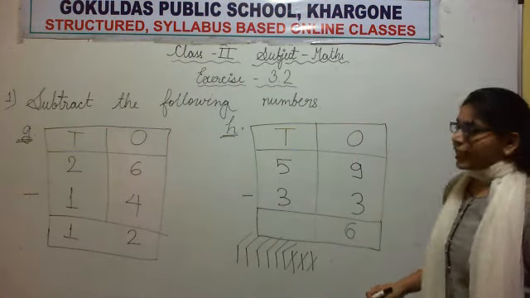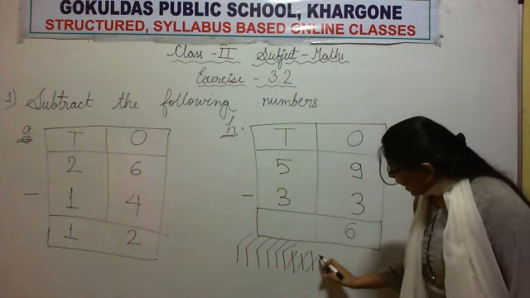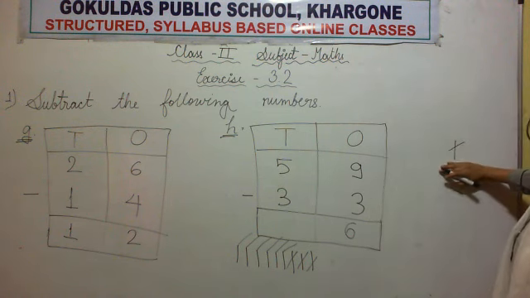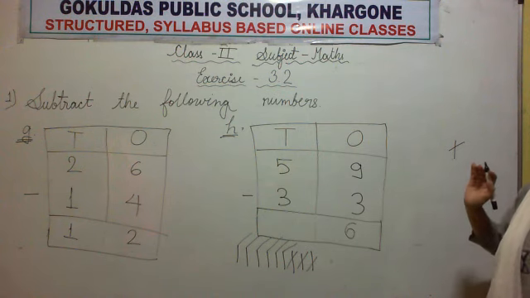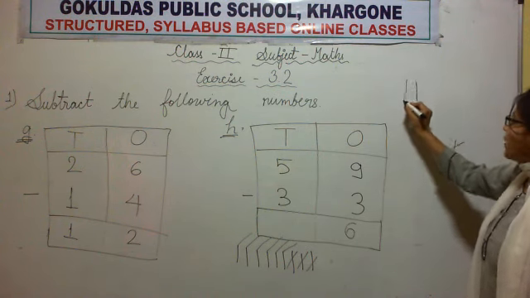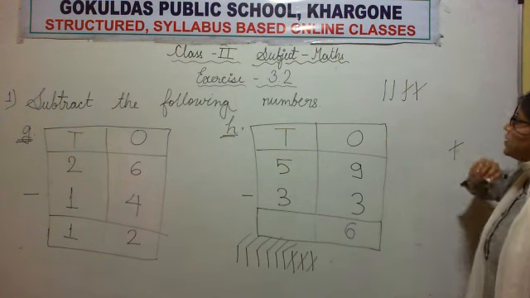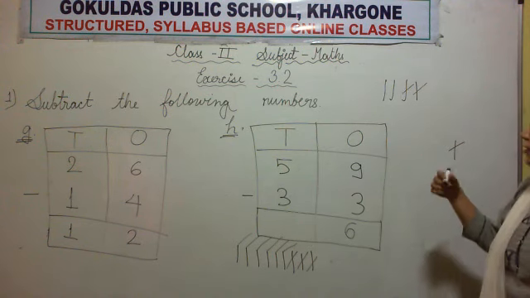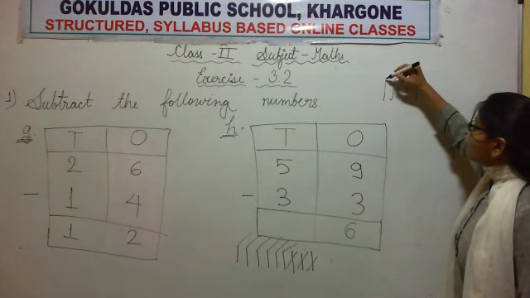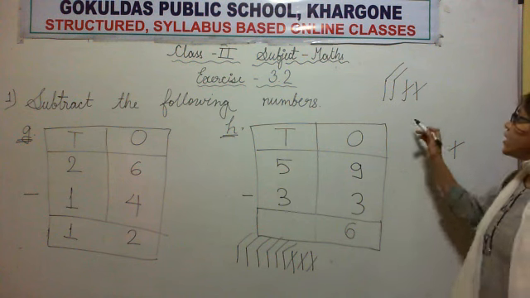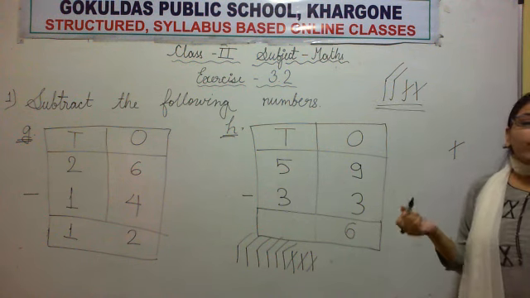Observe one more thing. We are noting this by cancelling the sticks. This is our sticks, and if we want to cancel a stick, we cancel it like this, and if we want to count the sticks, we count like this. Why are we doing this with the sticks? So that we can avoid mistakes.